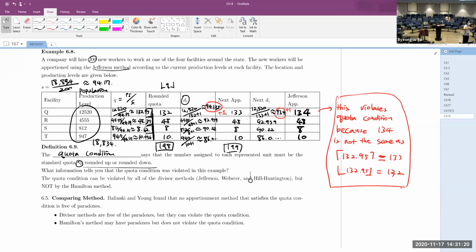But in the Jefferson method, the apportionment number of Q is 134, which is greater than 133 or 132, right? So that's why we say that the Jefferson method sometimes violates this quota condition.